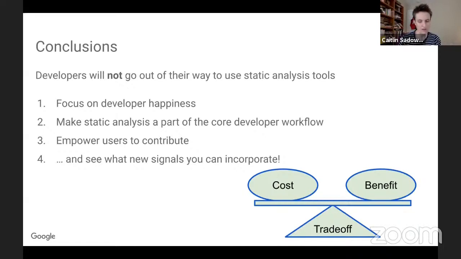There's a system called Refaster, which I think we've published about at a workshop, which allows you to specify, as just Java code snippets, the before and after code. Here's what this statement looks like before and after, and it will take that and generate an analysis that finds instances of the first and replaces them with the second. So we're able to leverage a variety of different things to make it easier for people to contribute.